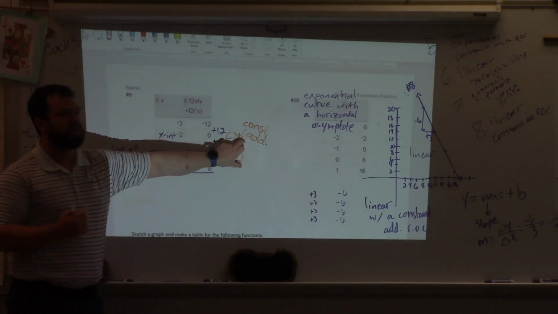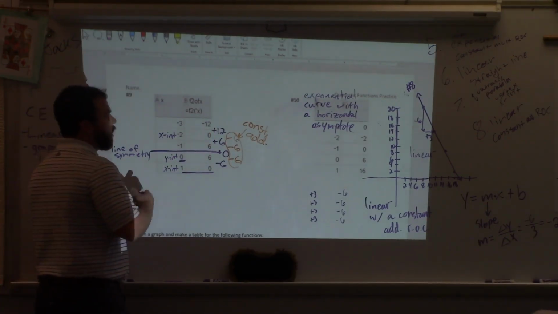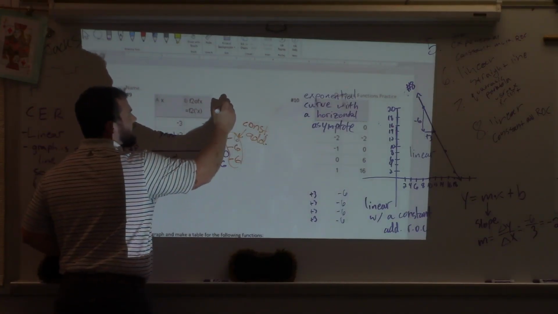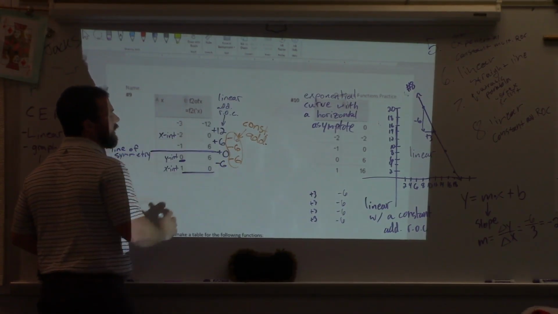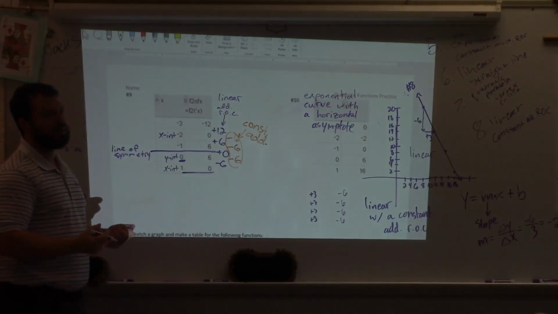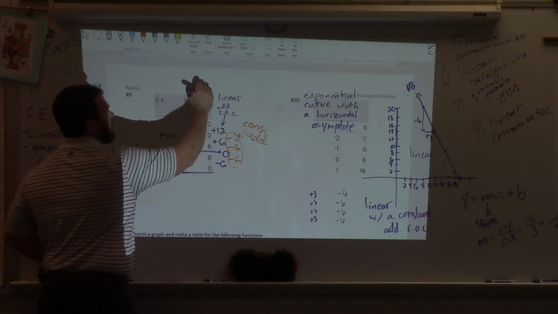What's always to the left of constant additive? Linear. So this purple here is an additive rate of change, but what type of additive? It is a linear additive rate of change. So what type of function is it? It has a linear additive rate of change, so quadratic.